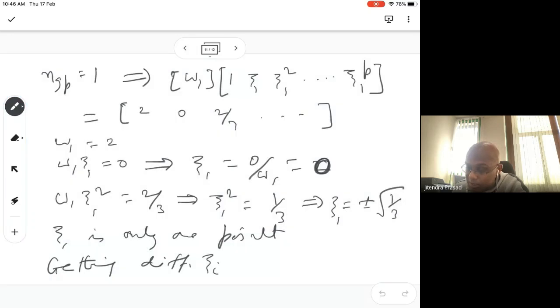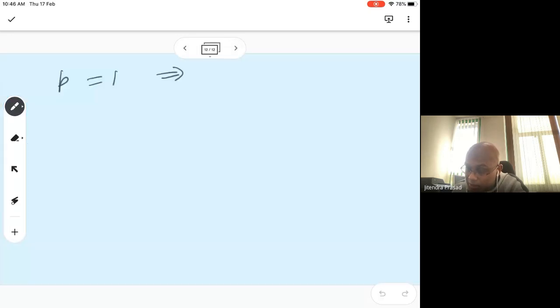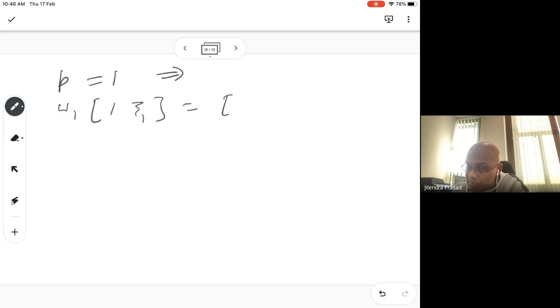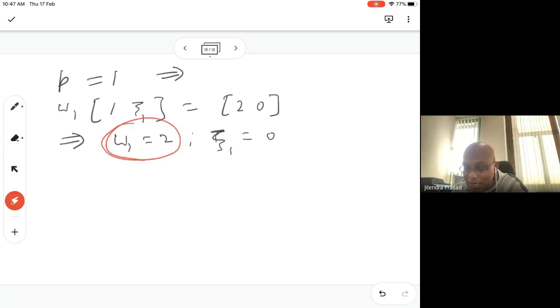If you see here, W1, then we have 1 Xi1, is equal to just 2 and 0. That's it. And automatically this gives you W1 equal to 2 and Xi1 equal to 0. So it fits. After that, you don't have any equation, so you are consistent. You don't get any other Xi which is going to contradict this one.